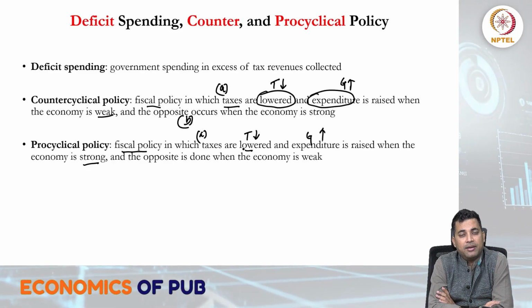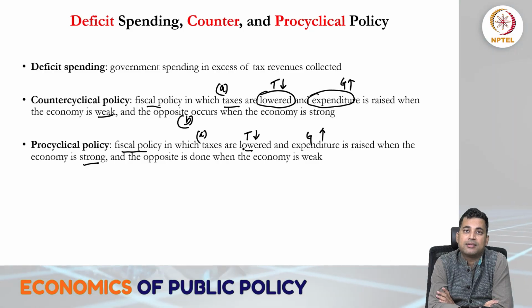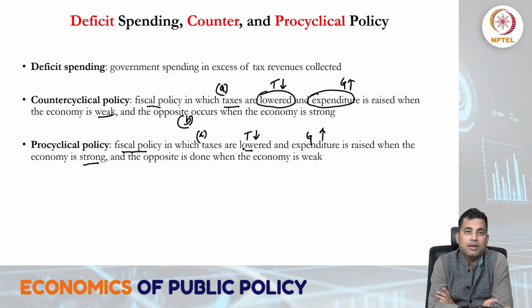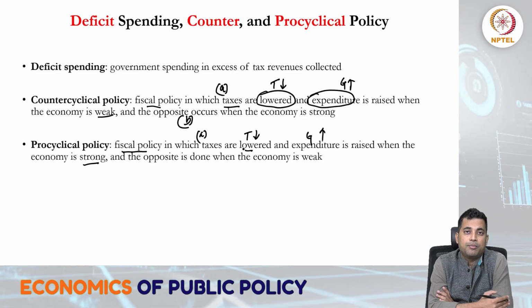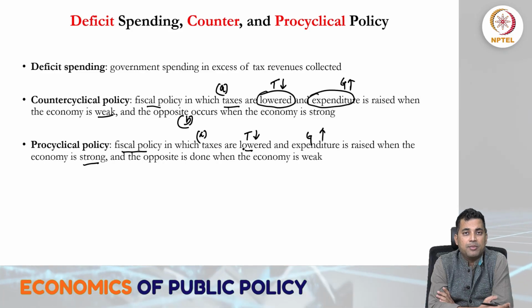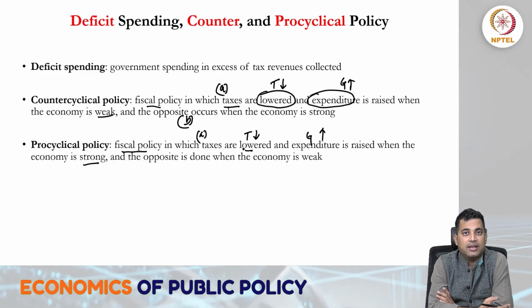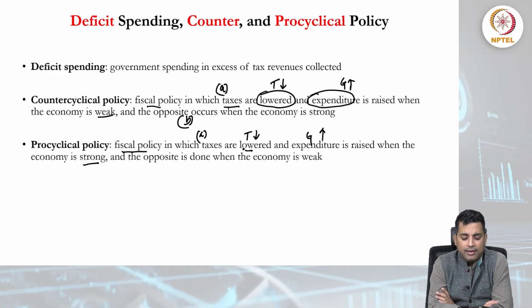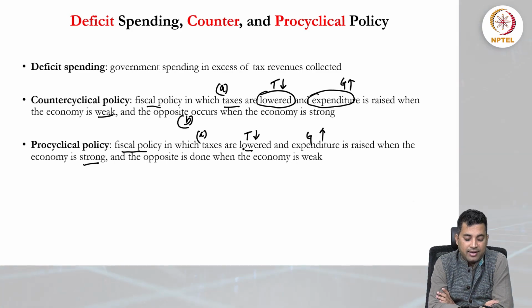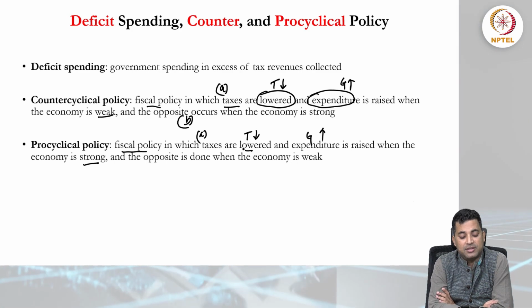We can say, from the business point of view, this is to encourage business or to support policies. If the economy is strong, it can afford to spend more and more, and that is pro-cyclical policy, through expansionary fiscal policy.